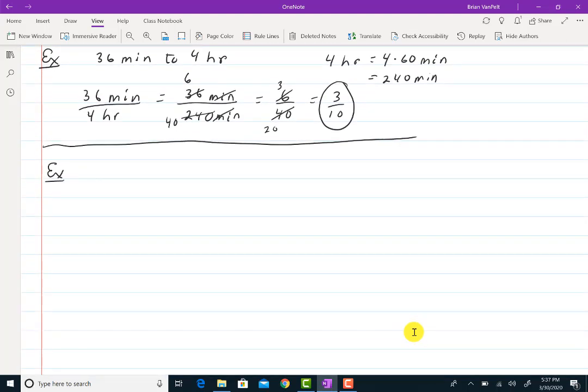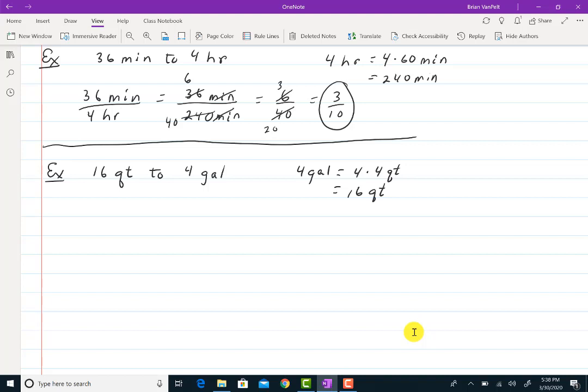Next one we have 16 quarts to 4 gallons. And you may or may not know this, but each gallon is 4 quarts. So 4 gallons equals 4 times 4 quarts, for a total of 16 quarts.